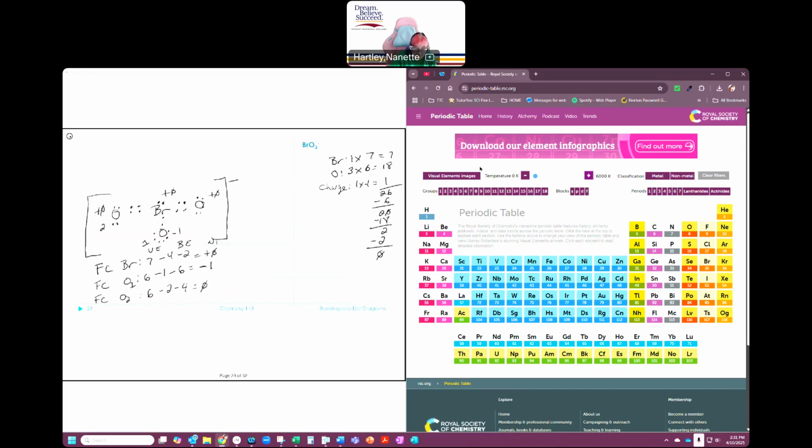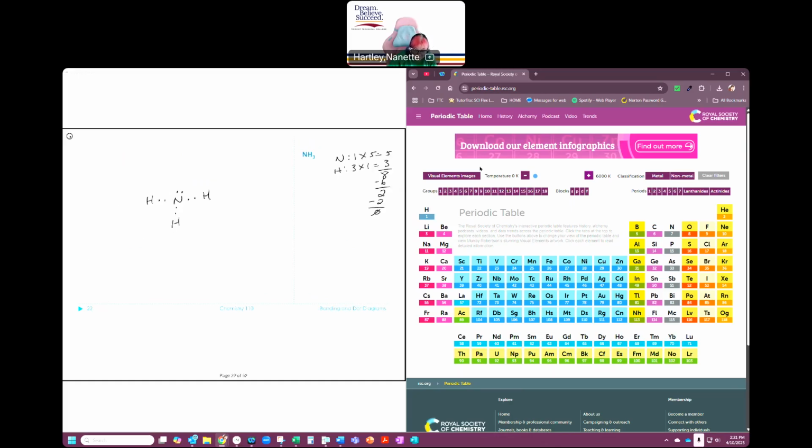So what I'm going to do instead of doing it that way is to come back and show you on these structures what the formal charge is on each of these. So I have these structures that I was looking at formal charge for. So we can talk about the formal charge on P and the formal charge on Cl. So phosphorus, again, valence electrons, he wants 5. Cl wants 7.